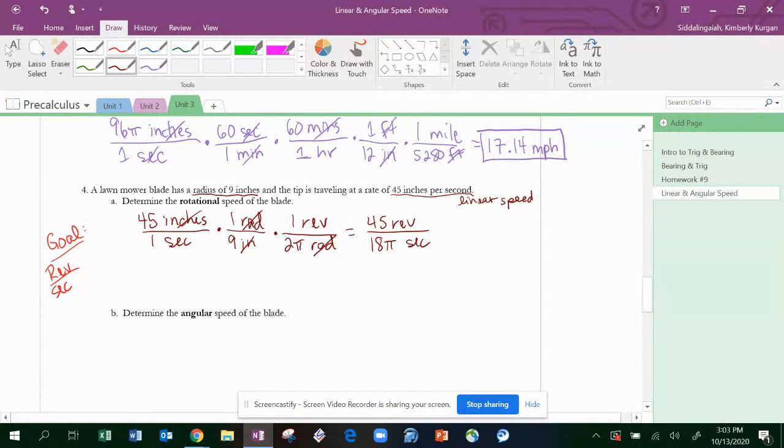Yeah, it doesn't make a whole lot of sense, right? This is kind of a weird thing. And if you wanted to, I guess we could reduce the 45 over 18. Both are divisible by 3, so 15 over 6. Oh, they're both divisible by 9. Hold on. So it could be 5 over 2 pi. So let me figure out how to type this in my calculator, 5 over 2 pi.